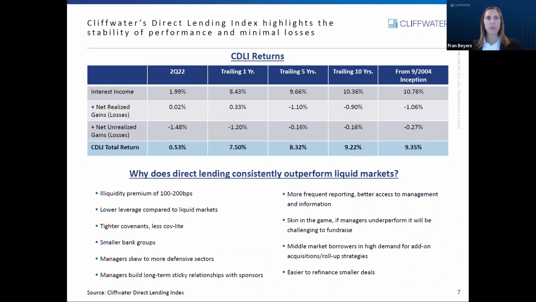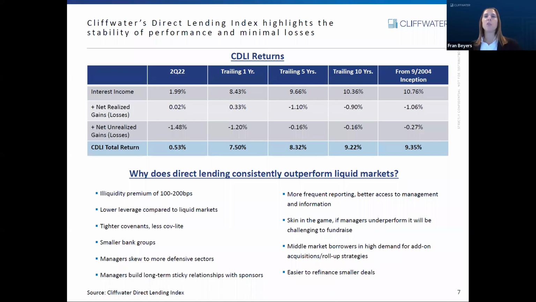You also get more regular reporting, monthly and quarterly financials and budgets, frequent management calls, and much deeper reporting requirements than what you would get in the liquid markets. And lastly, and most importantly, managers in this space have skin in the game. If their track record is not favorable, if they continue to invest in bad loans and have bad performance, they will cease to exist because they won't be able to raise money.